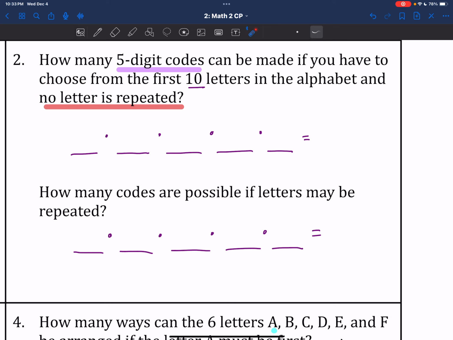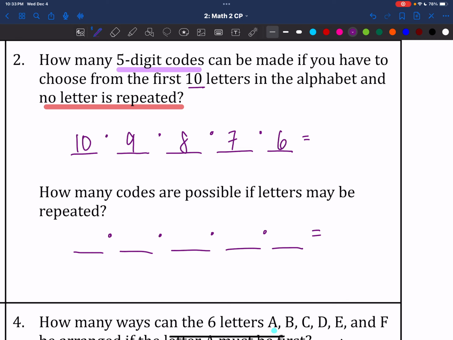So if you start here, you have 10 options for the first number. And then if it can't be repeated, because we said no repeats, then you're going to have 9 options. And then if we can't repeat, it's going to be 8, then 7, and then 6.